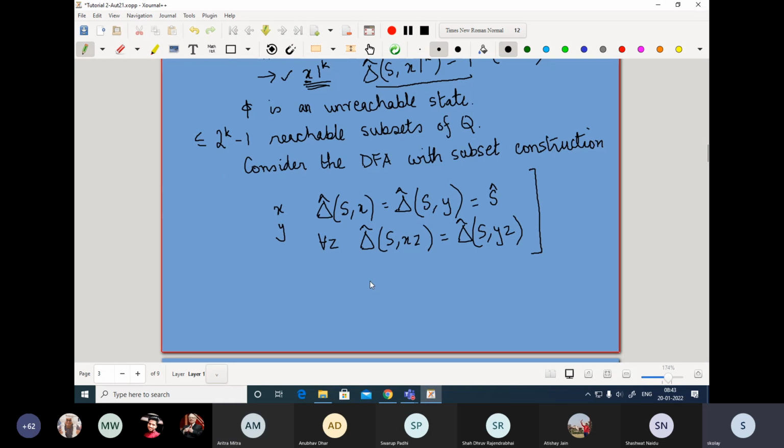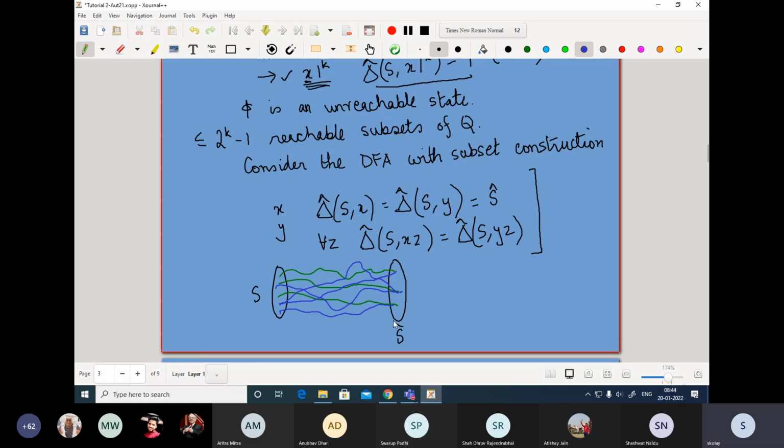Even in the NFA, if I reach, so I have S and I have S hat. So I will take two colors. These are the paths for x. If they go to the same set, and I have some other path, I have something else, it could be a different number of paths. It could behave differently, but the endpoints are the same.